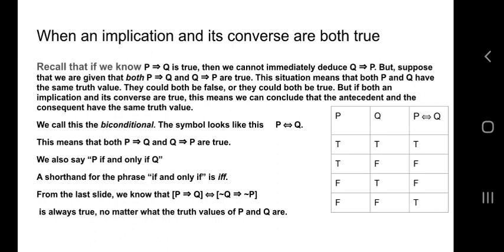Another way to think about P implies Q is that whenever P is true, Q is true. But if it's also the case that whenever Q is true, P is true, then P and Q are either both true or both false. So they have the same truth value.